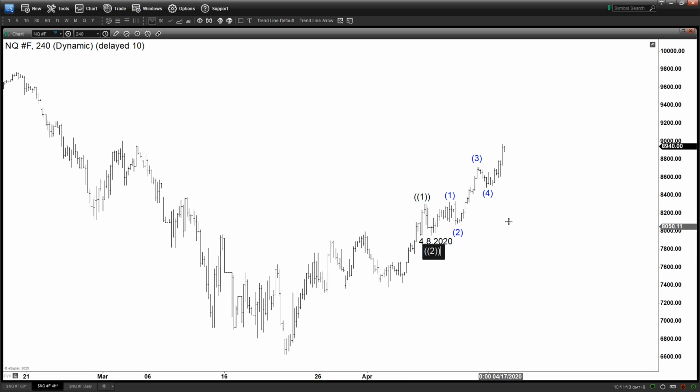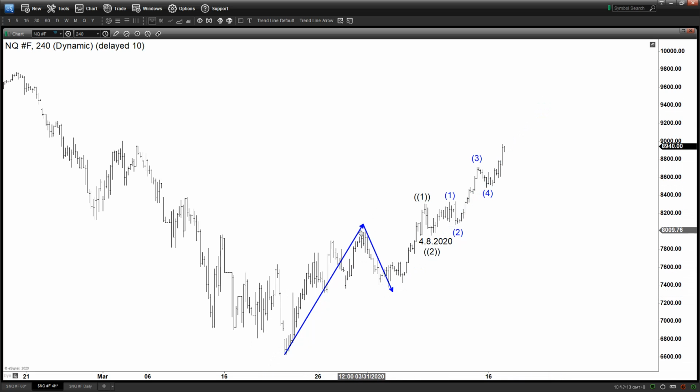And so this could be 5 of 3, and then it can continue to see more upside in the Nasdaq. If you take a look here, this one also looks quite impulsive. So the whole overall structure here is either ABC, and the easiest way is AB, and then this is 1, 2, and then we are within the C. Or this could be 1, 2 in the higher degree nesting, and then now we are in wave 3.